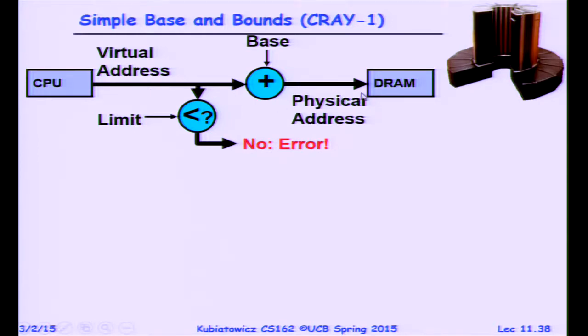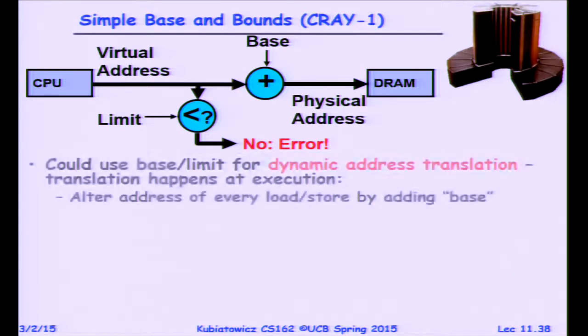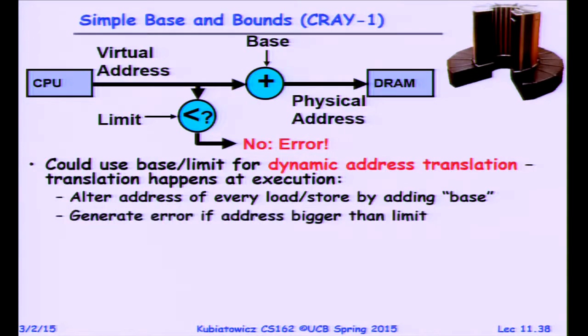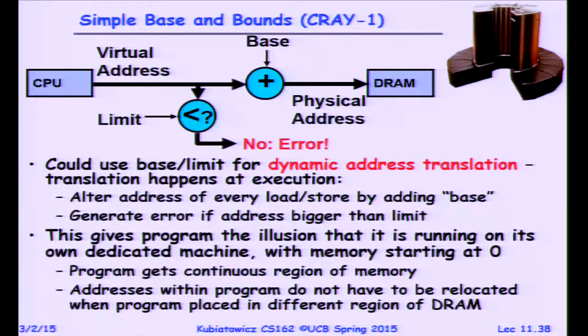Otherwise, we add to it, and now we get these protected regions of memory where everybody kind of gets their 0. Everybody has their own 0, even though they're not overlapping in physical memory space.